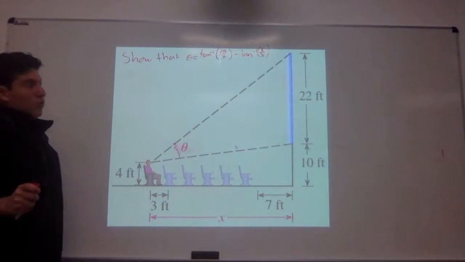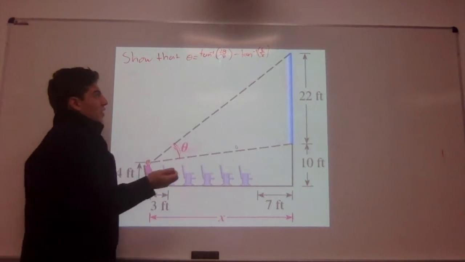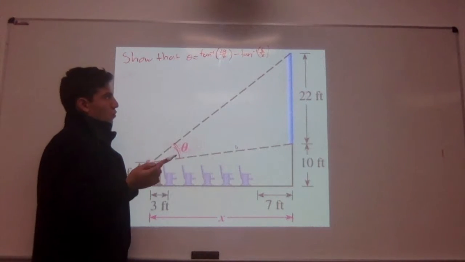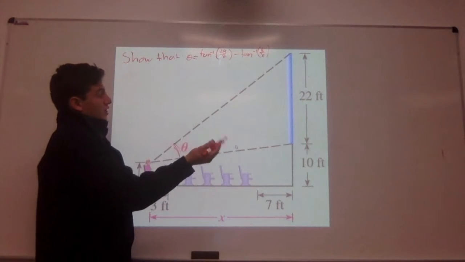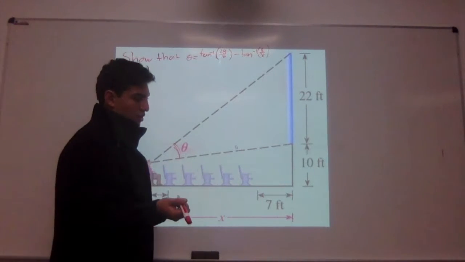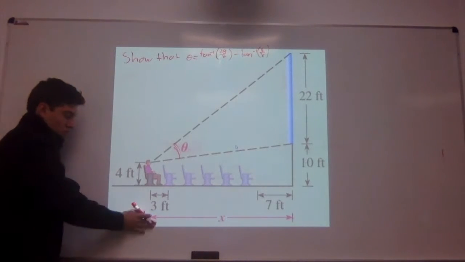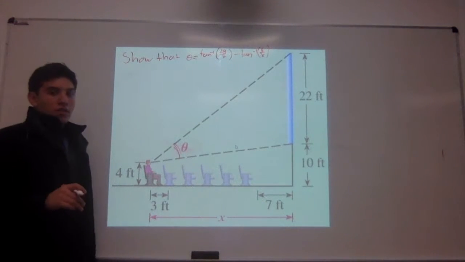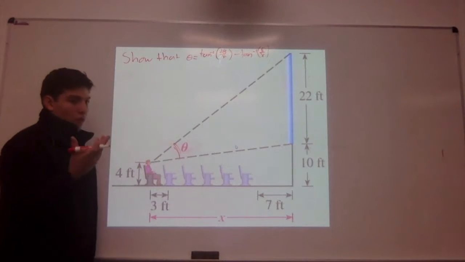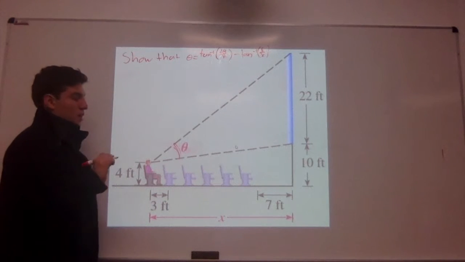For the first problem, we have this. Show that theta is equal to arctan of 28 over x minus arctan of 6 over x. In that case, we have for this problem this structure. Okay, so now we don't have right now a right triangle, and it's not necessary, but it's the best option.